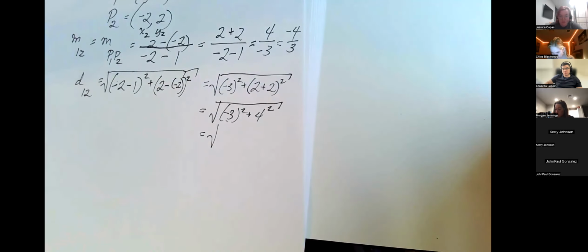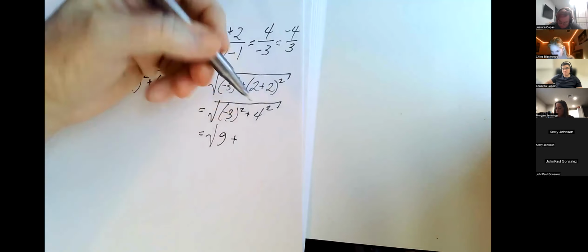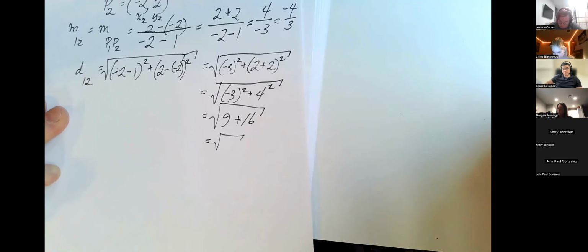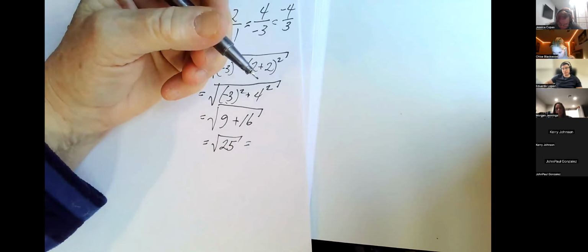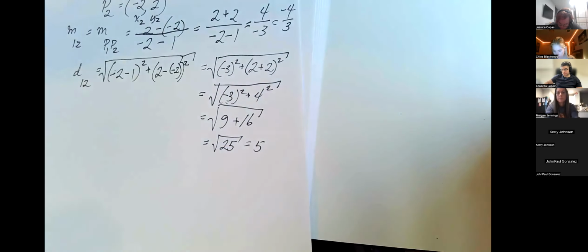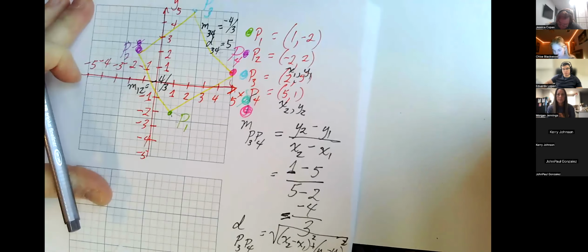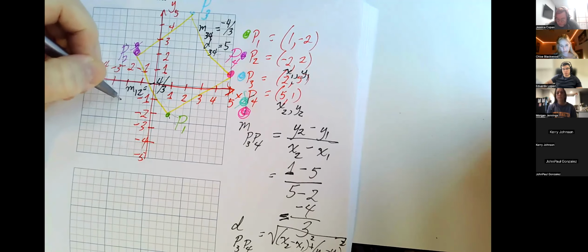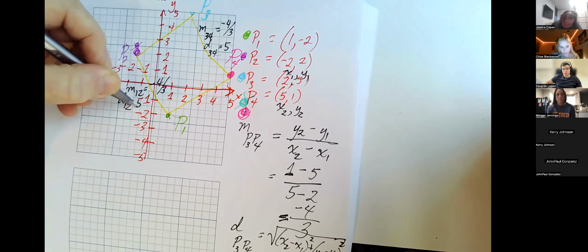Negative times a negative is positive, and 3 times 3 is 9. Good. 4 times 4 is 16. And 16 plus 9 is 25. Yay, and the square root of 25 is 5. So the distance between P1 and P2 is the same as the distance between P3 and P4. The distance between P1 and P2 is 5.